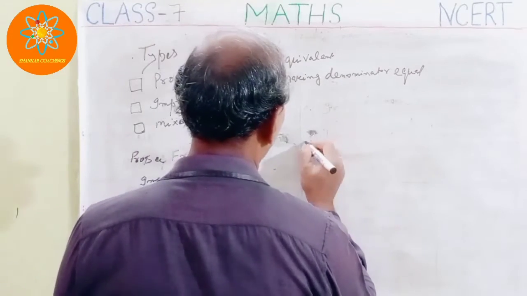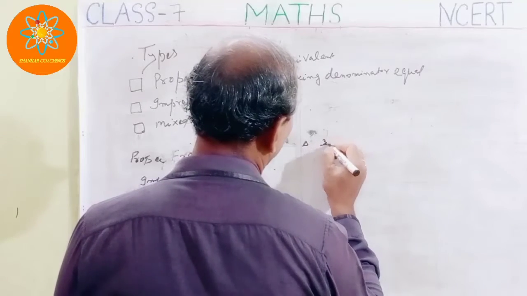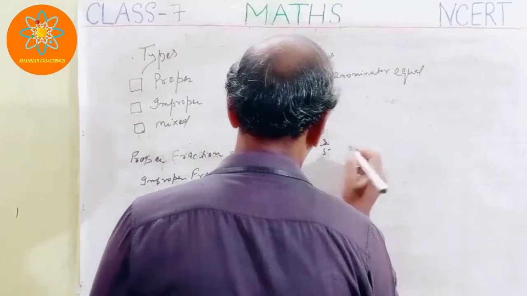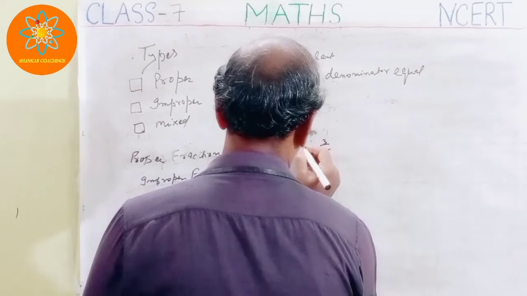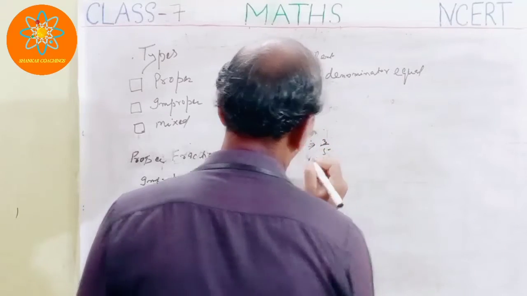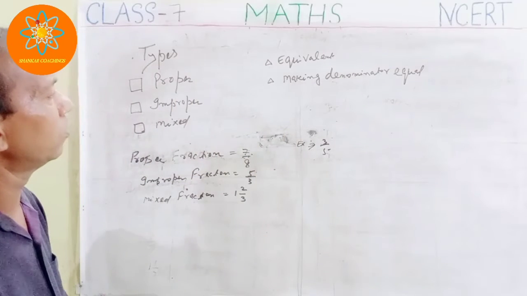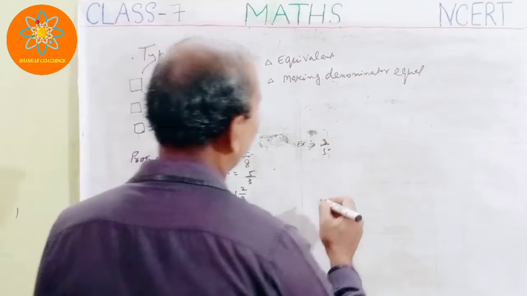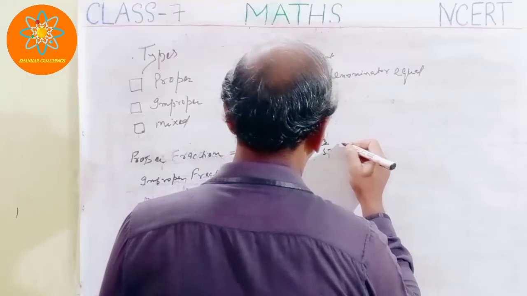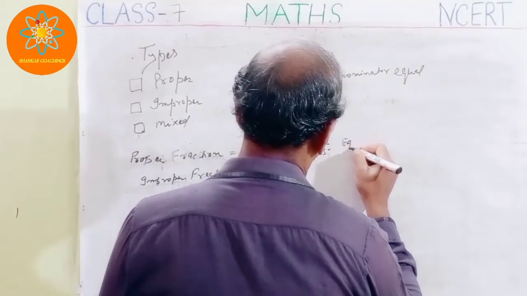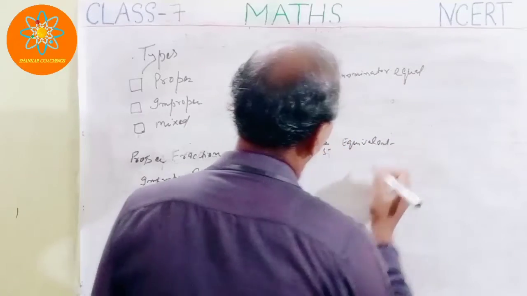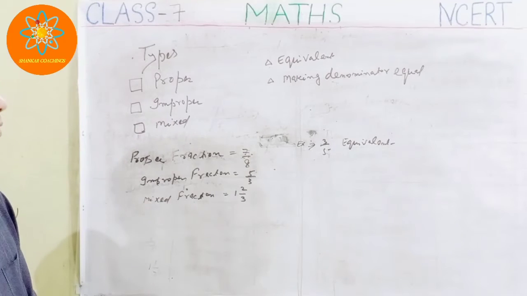Let's suppose I have 3 by 5, and I want its equivalent fraction.